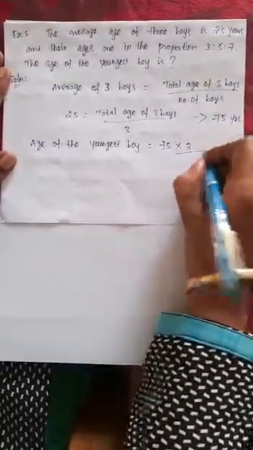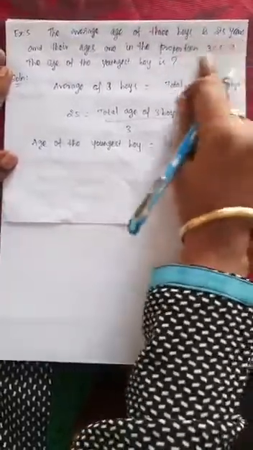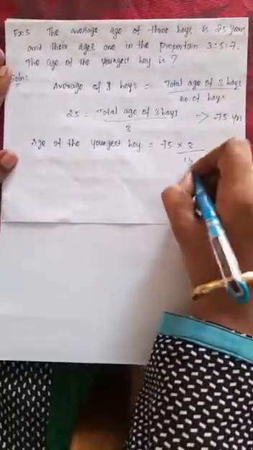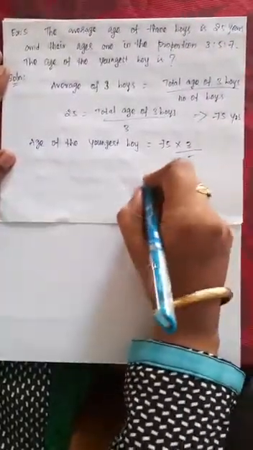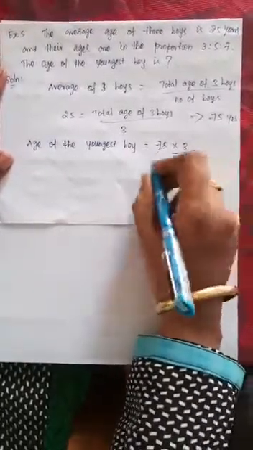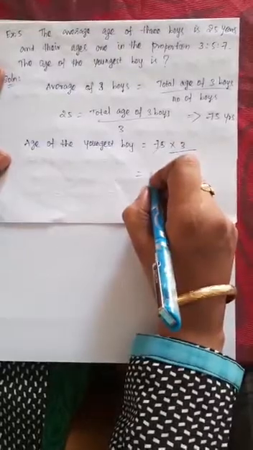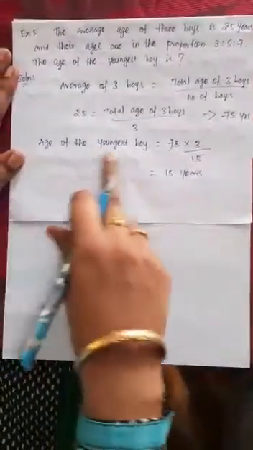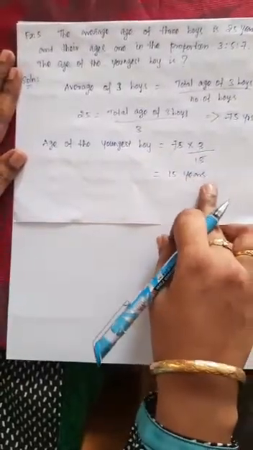So 3 by total ratio, that is 3 plus 5 plus 7 is 15, which is equal to 5. So 3 into 5 is 15 years. So the age of the youngest boy is 15 years.